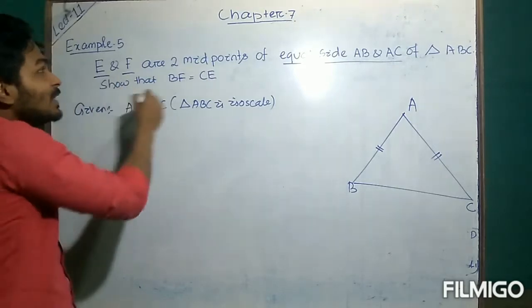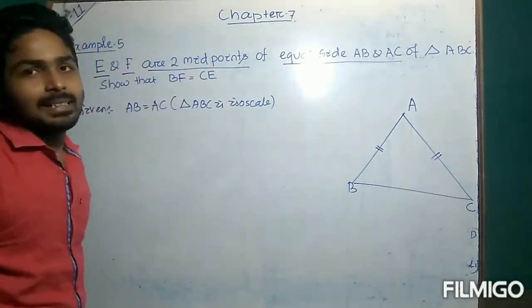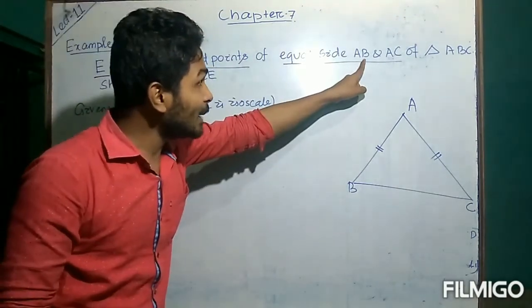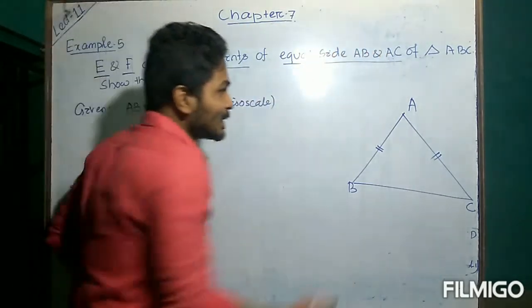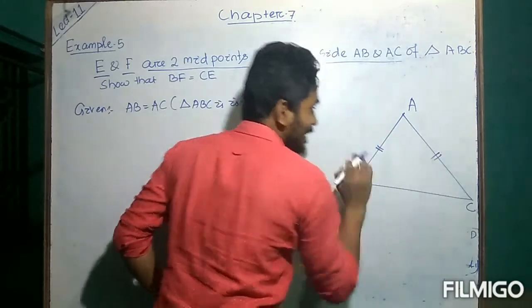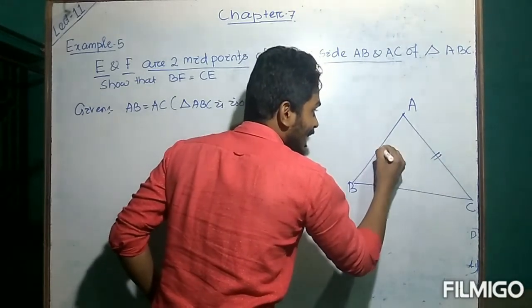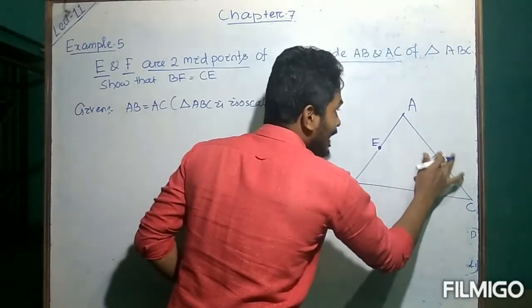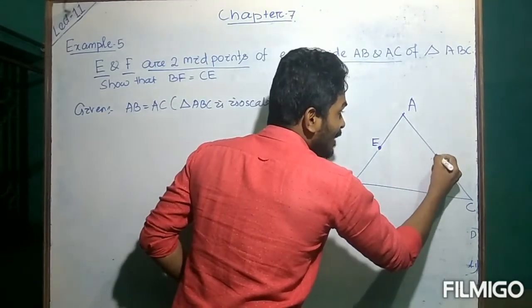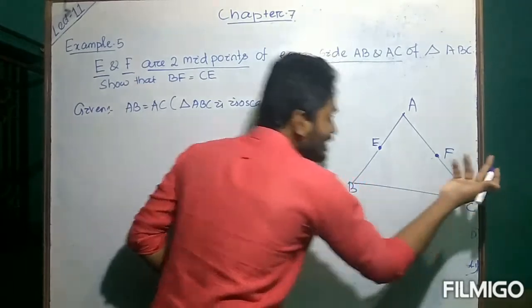They are the midpoints: E is the midpoint of side AB, and F is the midpoint of side AC.